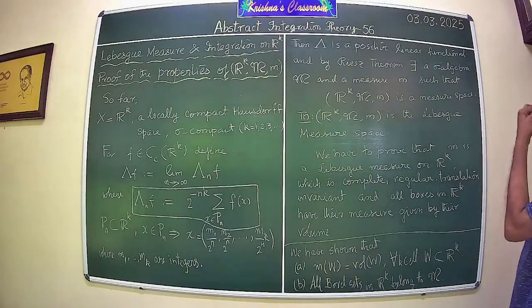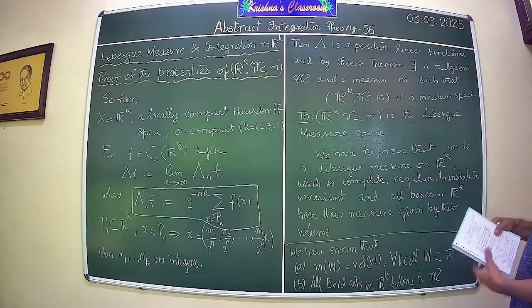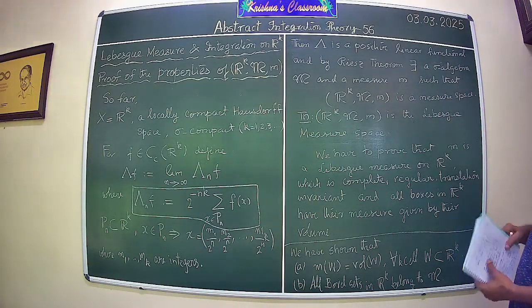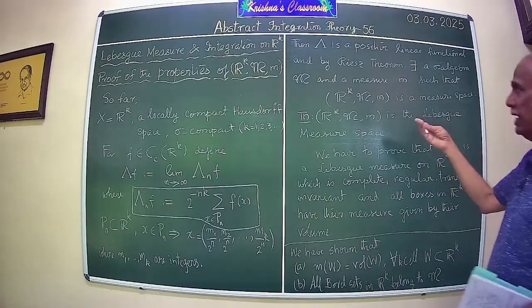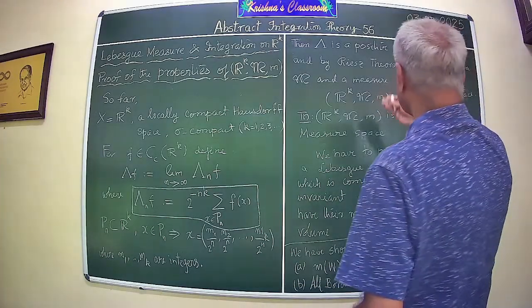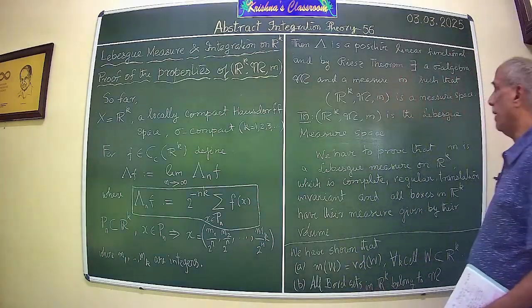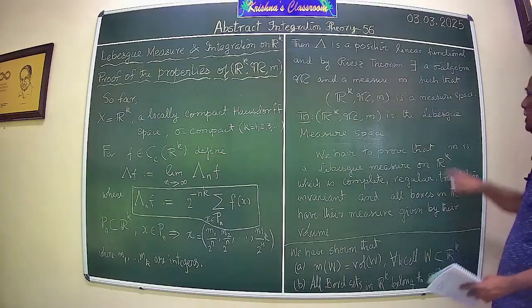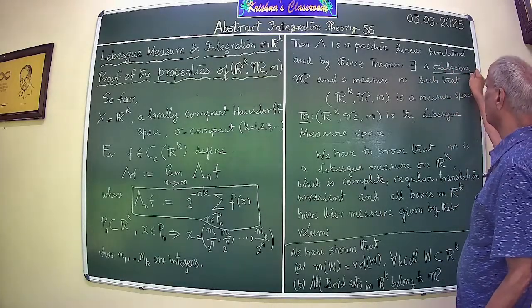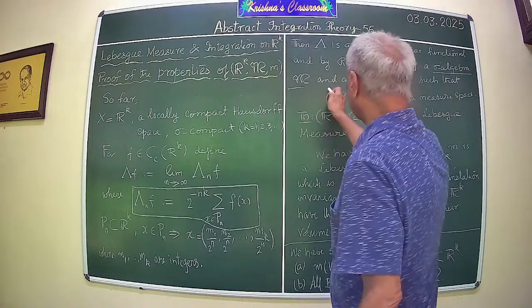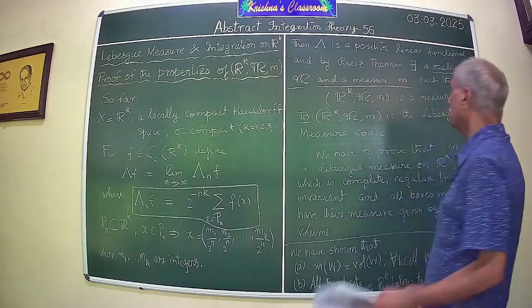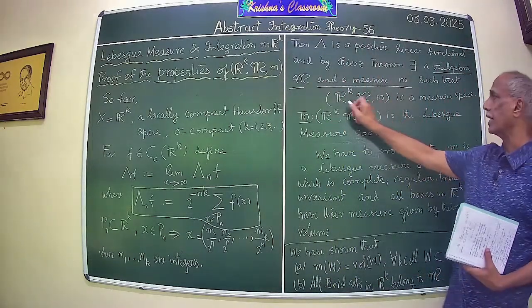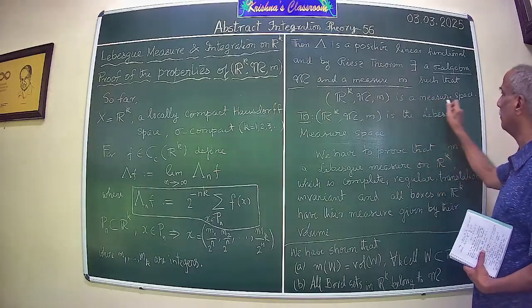Then lambda is a positive linear functional, and one can apply the Riesz representation theorem. By the Riesz representation theorem, there exists a sigma algebra, script M, and a measure m such that (R^k, M, m) is a measure space.